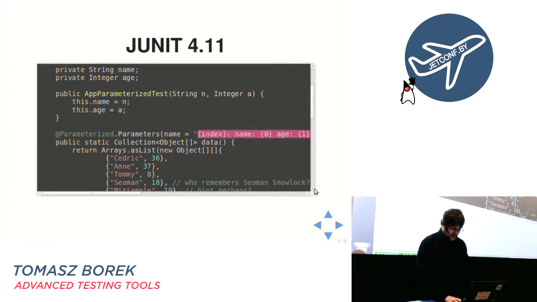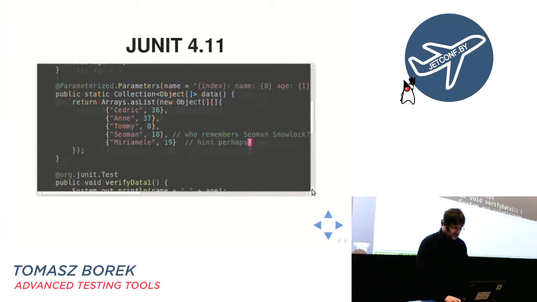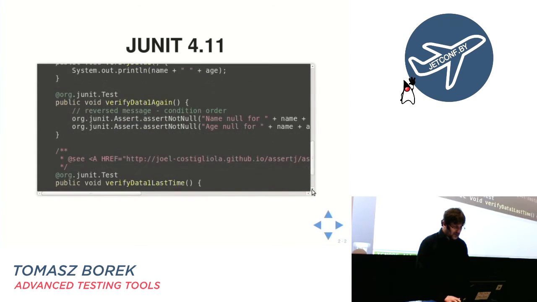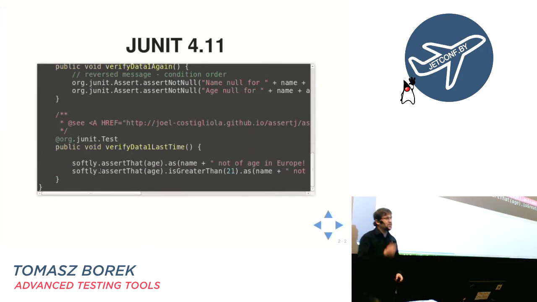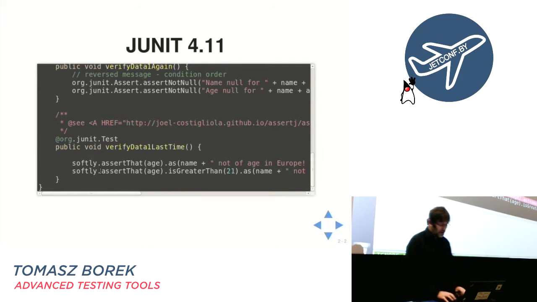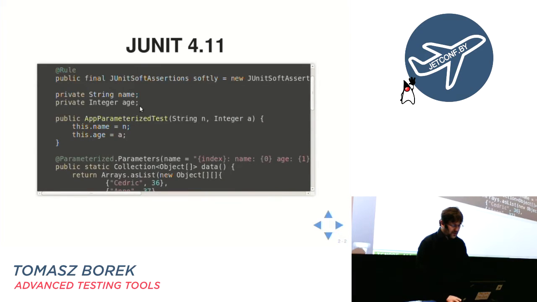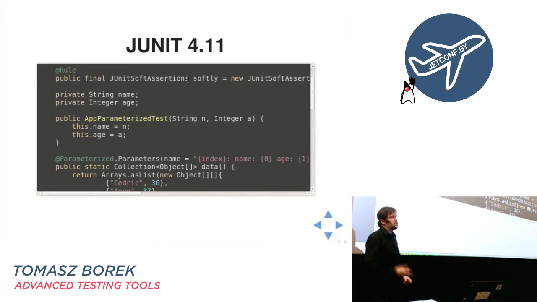Let's take a look if there is anything else. Yes, there's one more thing. Soft assertions in JUnit work as a rule. One guy coded the rule, and if you use a JUnit rule, you need to have a public final field of JUnit soft assertions type, and with that you may use soft assertions in JUnit.